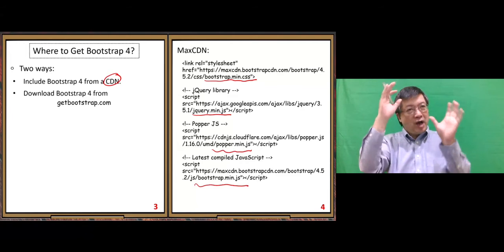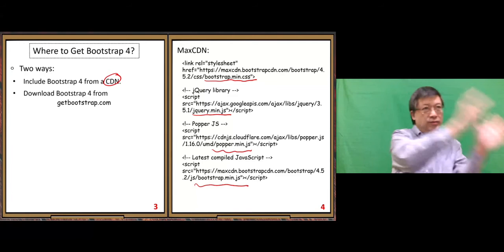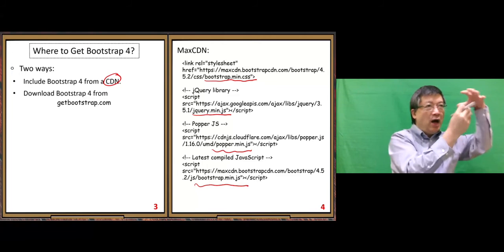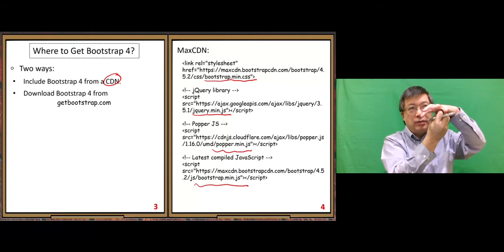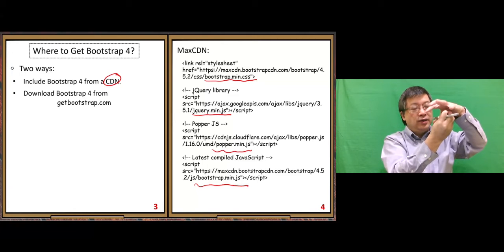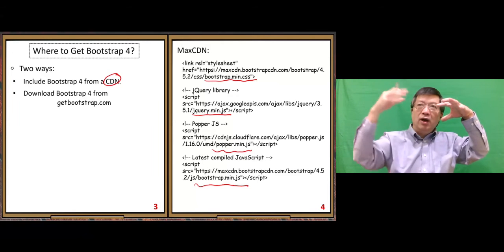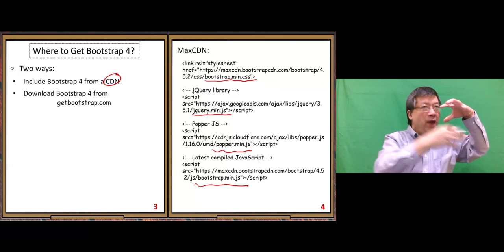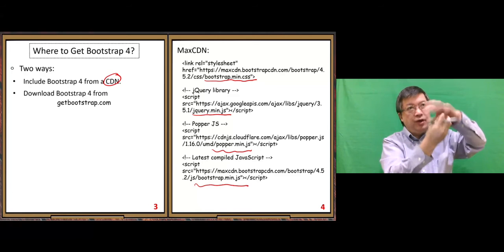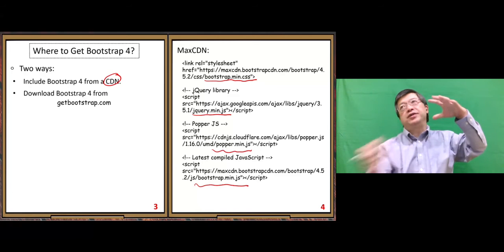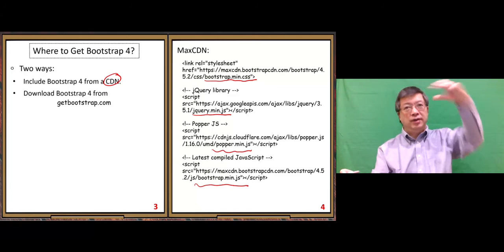You copy all those folders and put them under the root directory. Your web application should have a root directory, right? Then all of the web pages under this root directory can access it.